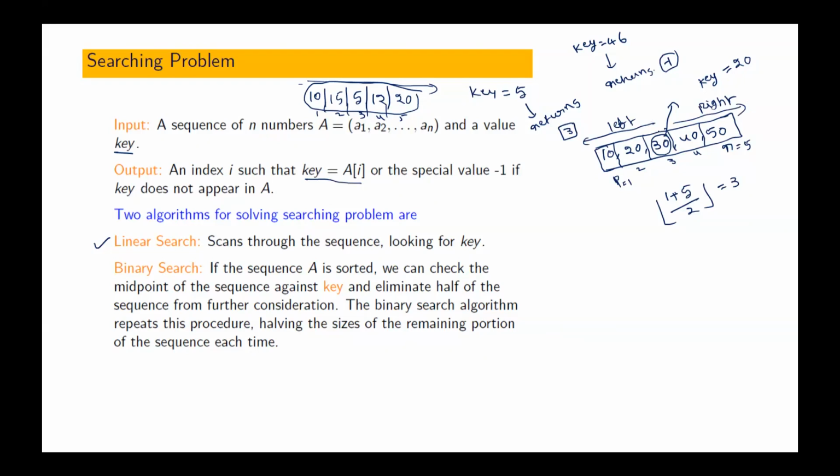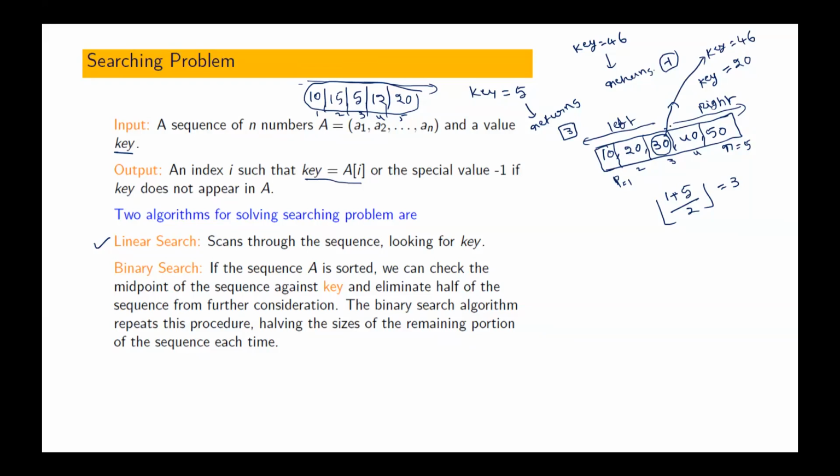If the key is, for example, 46, we compare 30 and 46. Now 46 is more than 30. Is it worth looking for 46 on the left side? No, it's not necessary, because the elements are sorted. So definitely it is not on this side.